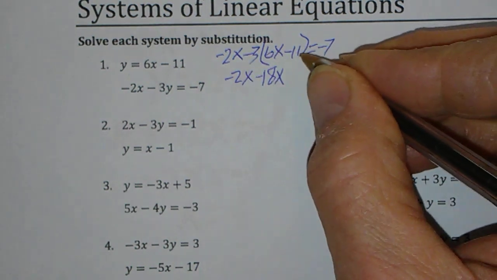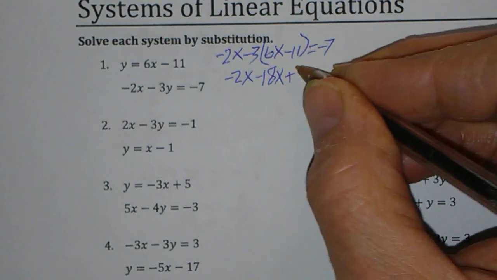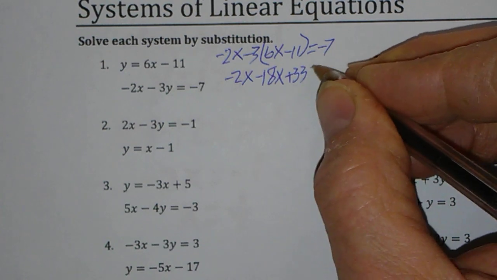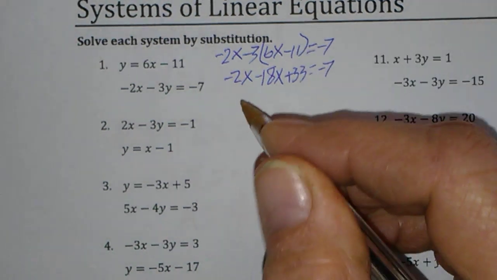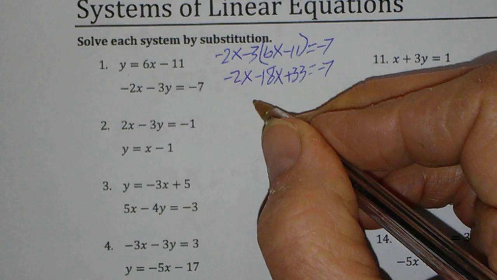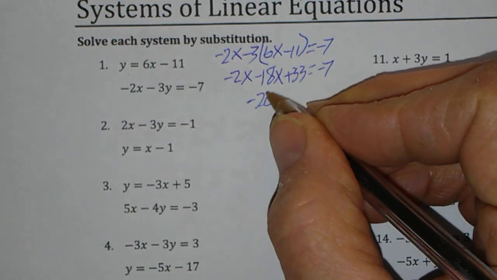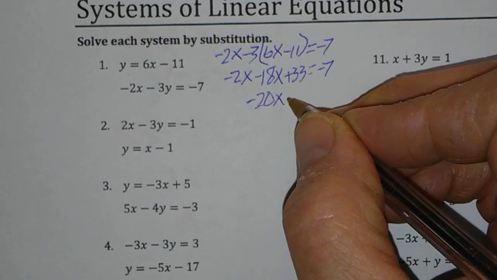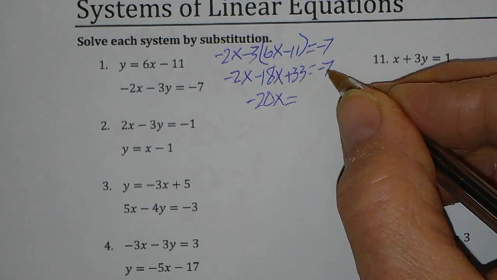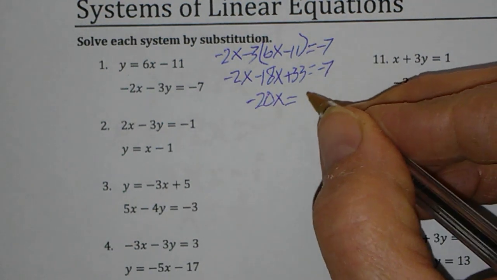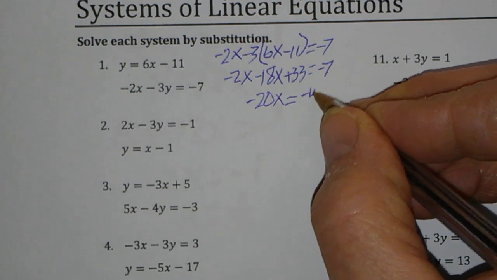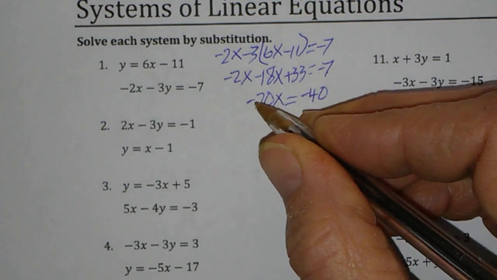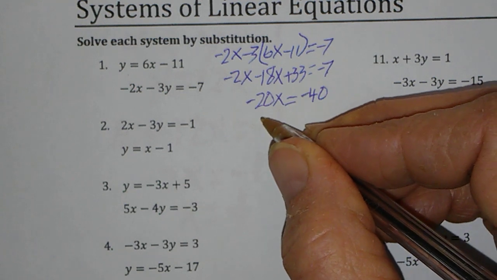You get minus 3 times minus 11 is plus 33, equals negative 7. Negative 2x minus 18x is minus 20x. And you're going to subtract 33. Minus 33 minus 7 is minus 40. Oh, good, it works out. You divide by negative 20.